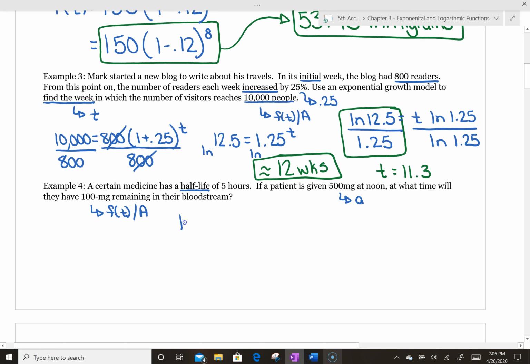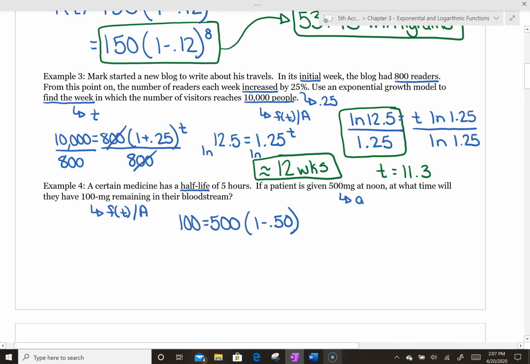So we're going to have 100 equals 500. Now, this is a half-life. So if you think about it, that's like 50%. So we are going to subtract 50% from 1, okay, because it's half-life. And the medicine's going down. You're starting with 500, and then you're going to 100.